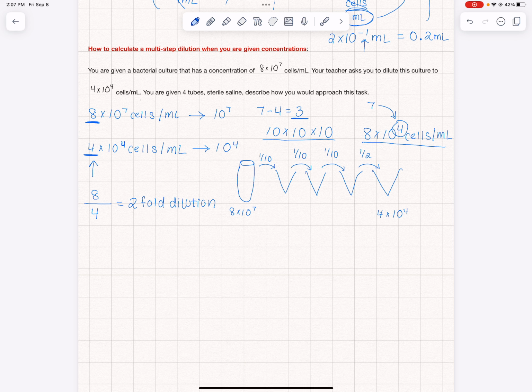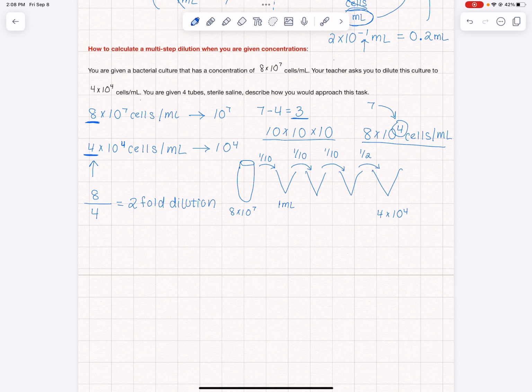And so now, when we're reading this problem, we're not given any volumes. And so we can sort of make things easy on ourselves, and we can just say that each tube will have 1 milliliter of liquid in it.